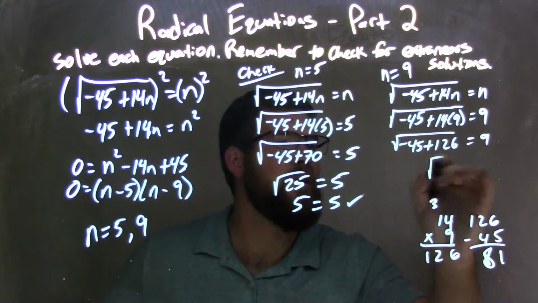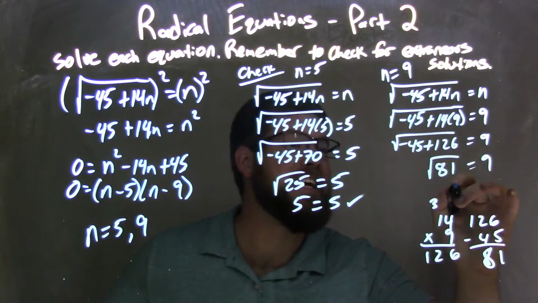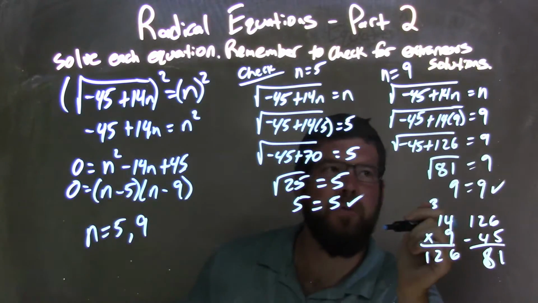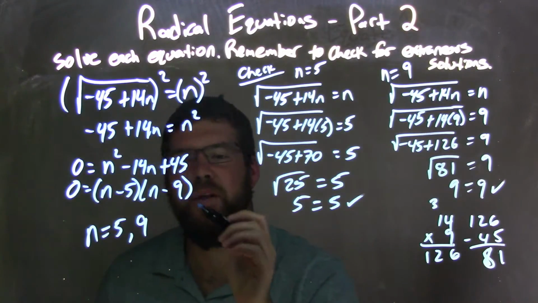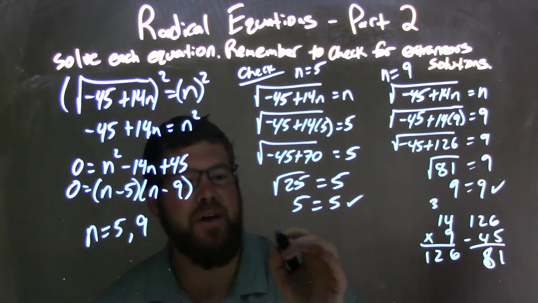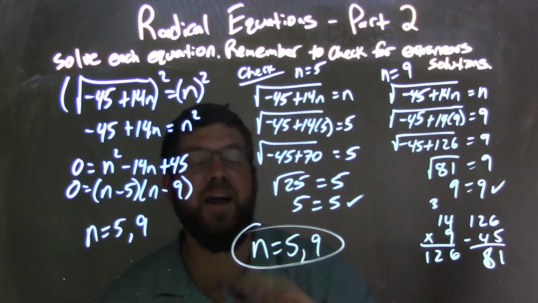Alright, so we have the square root here of 81 equals 9, and the square root of 81 is 9. Left and right hand side were both equal. Fantastic, confirming that 9 is a true solution. So we had no extraneous solutions in this case, and so our two answers are 5 and 9.